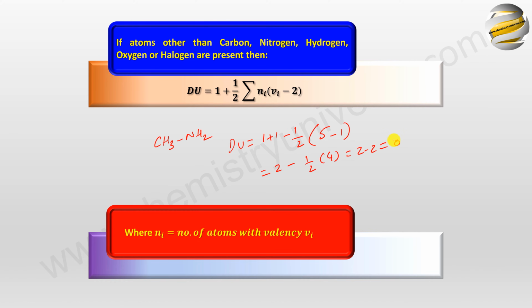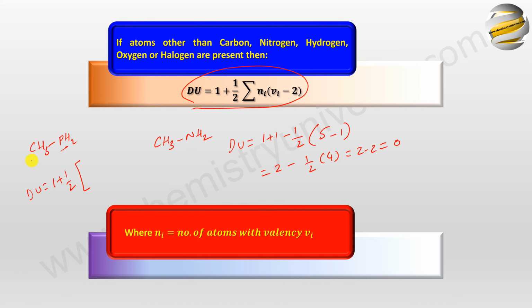We expect this, right? Now suppose this were CH3PH2. Phosphorus comes in the same family as nitrogen. So you would say, okay, I've got phosphorus, what do I do? Use this formula: DU equals 1 plus half of sigma, so you have to do Ni times (vi minus 2) for each element.